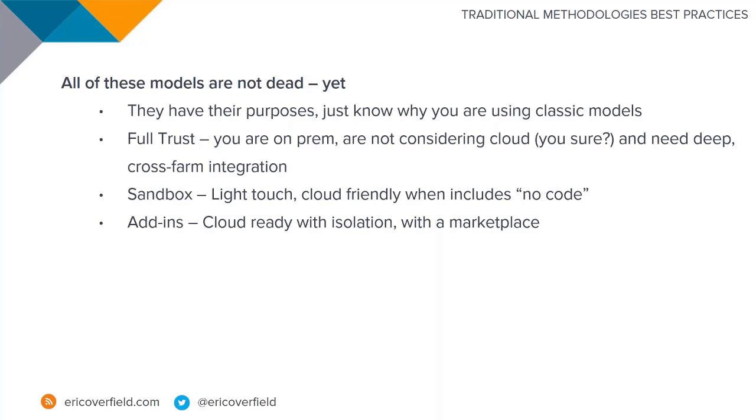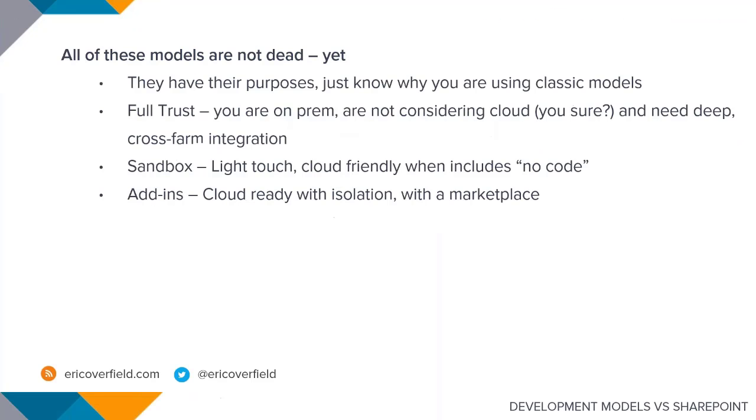Great, use FullTrust. They work, they're powerful, they're strong, they can do a lot of stuff, and documentation's been written on that for over 10 years. Sandbox Solutions are good if you need something that's cloud friendly and really light touch, as long as it doesn't include code. Pretty simple. If you want a marketplace where that's cloud ready, ready to go with isolation, add-in models are definitely a model that still work for you and are totally valid.